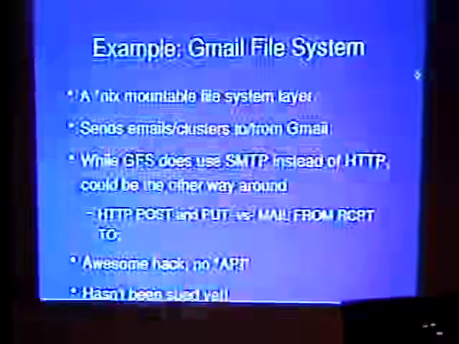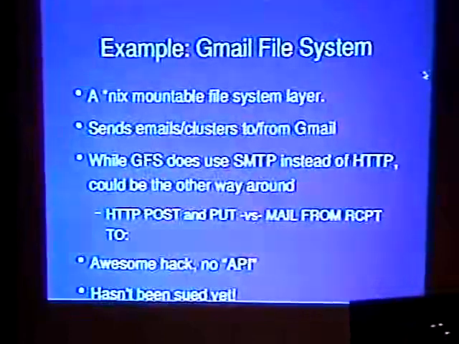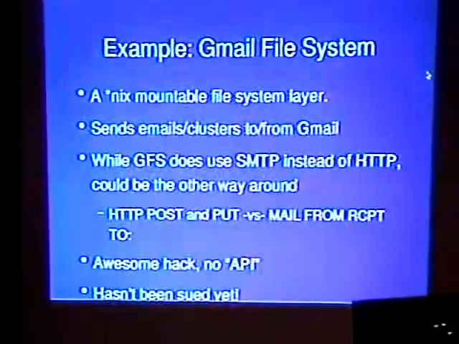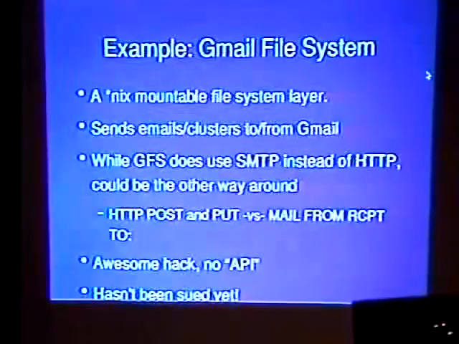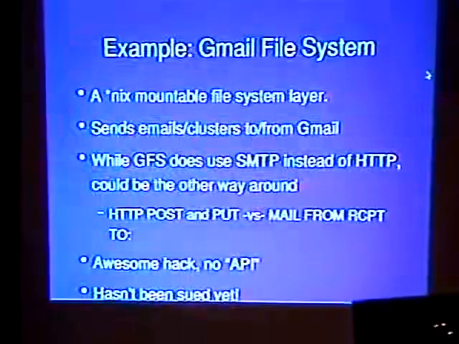All right, so here's a great example of a non-sanctioned email extension. Y'all heard about the Gmail file system? It runs on top of Gmail. It's awesome. It's an actual mountable file system, which is really cool because you can do reads and writes. It sends email clusters and attachments to and from Gmail. Now, technically, it's using SMTP instead of HTTP, but you access Gmail using HTTP.